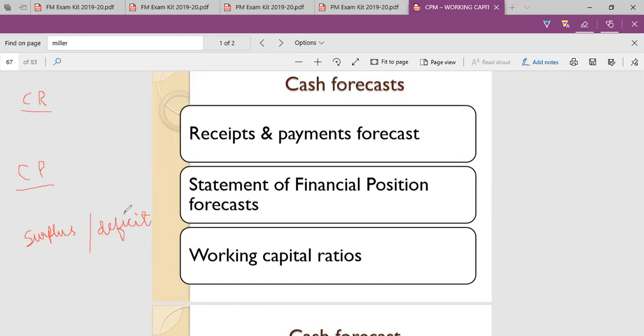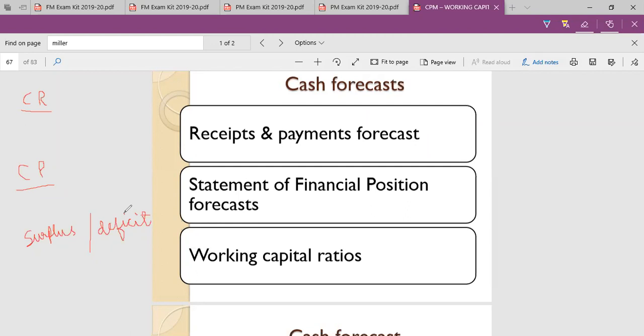For that reason, first cash receipts are estimated, then cash payments are forecasted, then we compare receipts and payments and understand whether there is a surplus or a deficit. So a receipts and payments forecast is taken up, and then a statement of financial position forecast. Yesterday's question is one example wherein they're anticipating that sales would double.